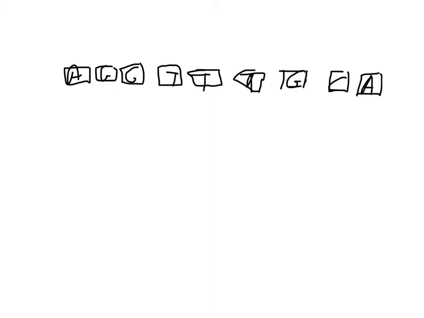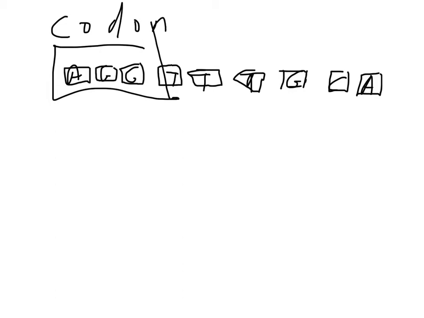Now, you need 3 nucleotides to make an amino acid. One won't do it. So here we've got 3 nucleotides. It's called a codon. And this code, AGG, will make an amino acid, whatever it is.